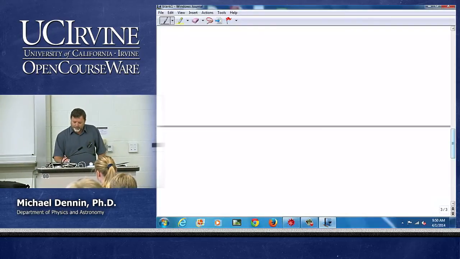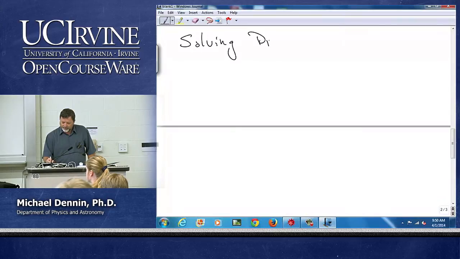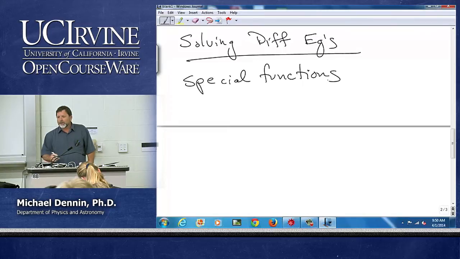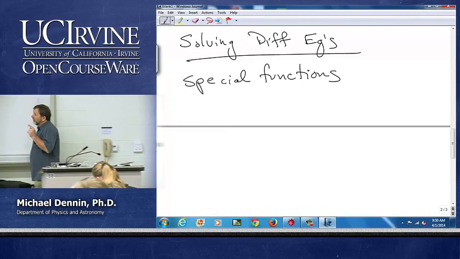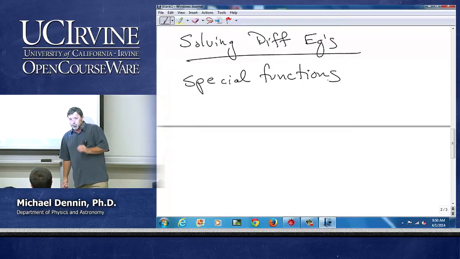The other really big place is solving differential equations. And pretty much, because of Mathematica and other things, we don't focus as much anymore in physics on special functions. There's a few that we do that are critical.